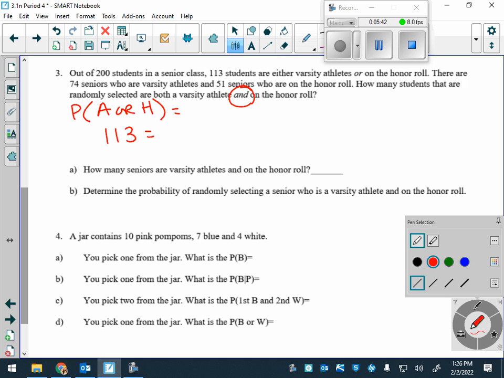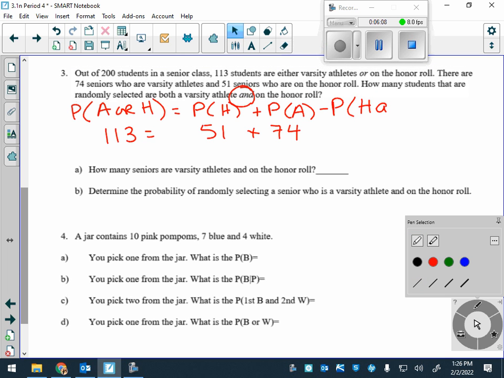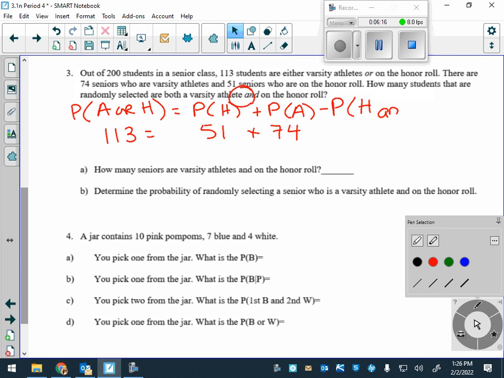What else are we given? Good. Athletes, 51 plus 74, but we do not know the and, right?